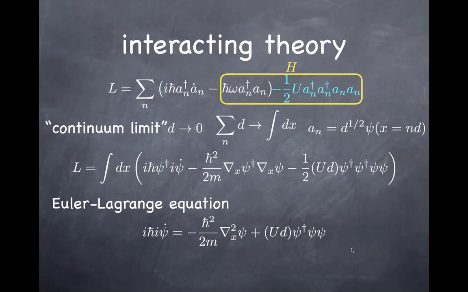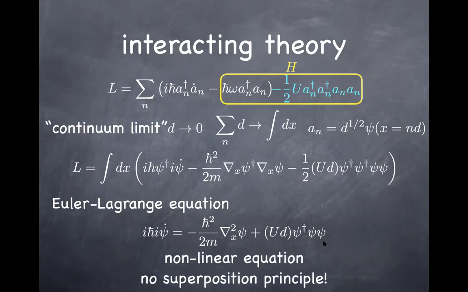Now you notice a new feature in here, namely that this Euler-Lagrange equation is non-linear in psi. So you do not have a superposition principle for the field operator psi. Suppose you have one solution to this Euler-Lagrange equation, psi 1, and another solution, psi 2.